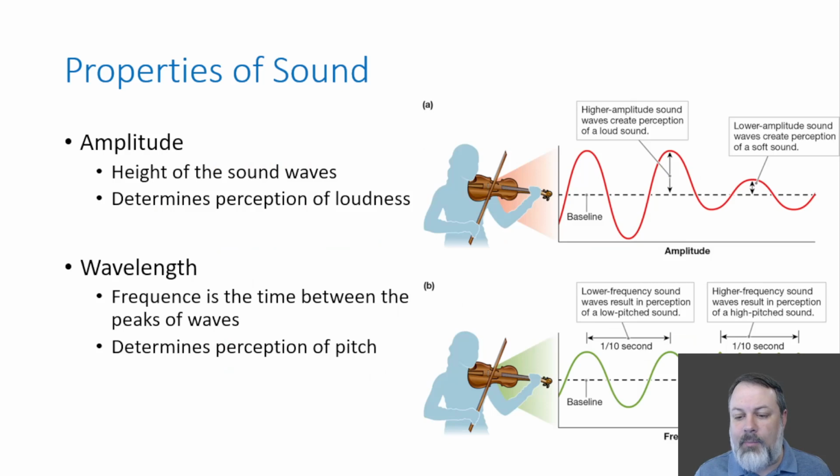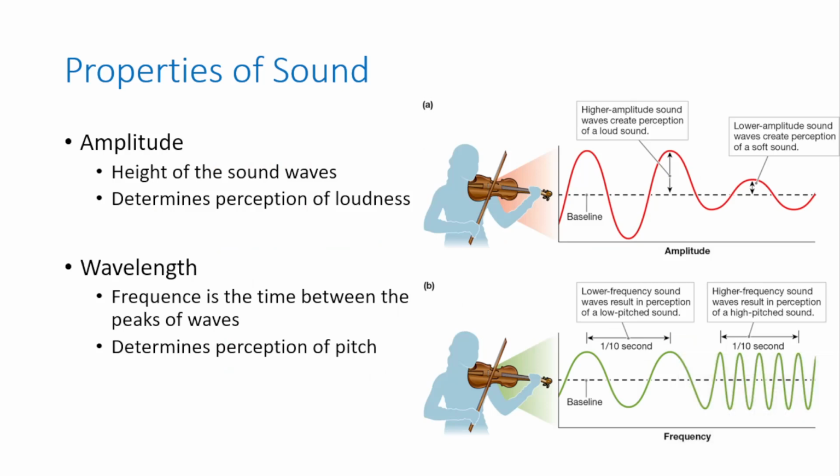So the perception that we have of sound depends on these waves. The amplitude of the wave is the height, how tall those peaks and troughs are. And the amplitude determines our perception of loudness of the sound.